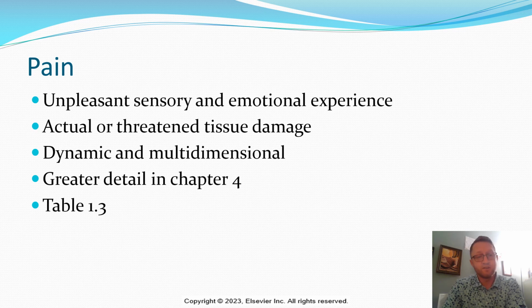And then we're going to discuss pain in more detail in Chapter 4. You can see, again, Table 1.3 will discuss some of those modalities and maybe some of the reasons why they are effective at managing pain. So we'll talk all about pain, the different nociception systems, and the different types of pain that your patients may experience in Chapter 4.